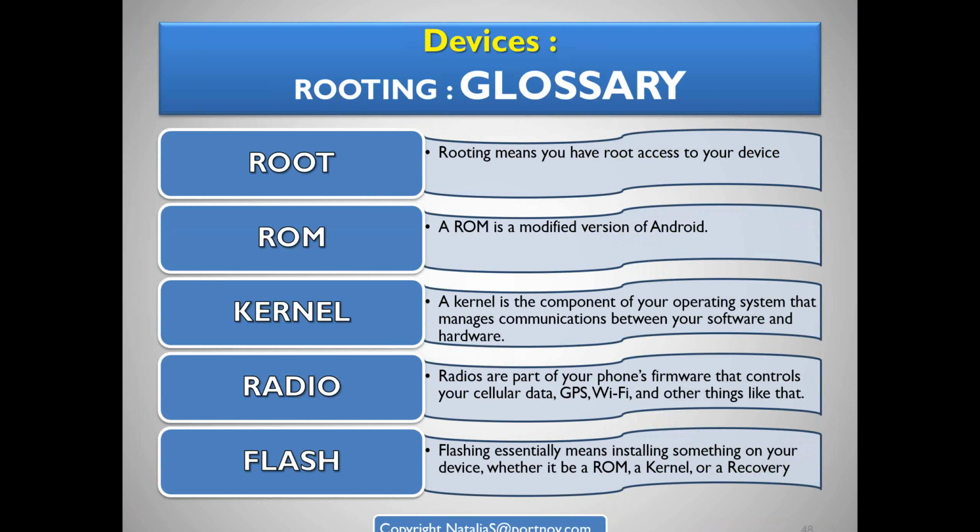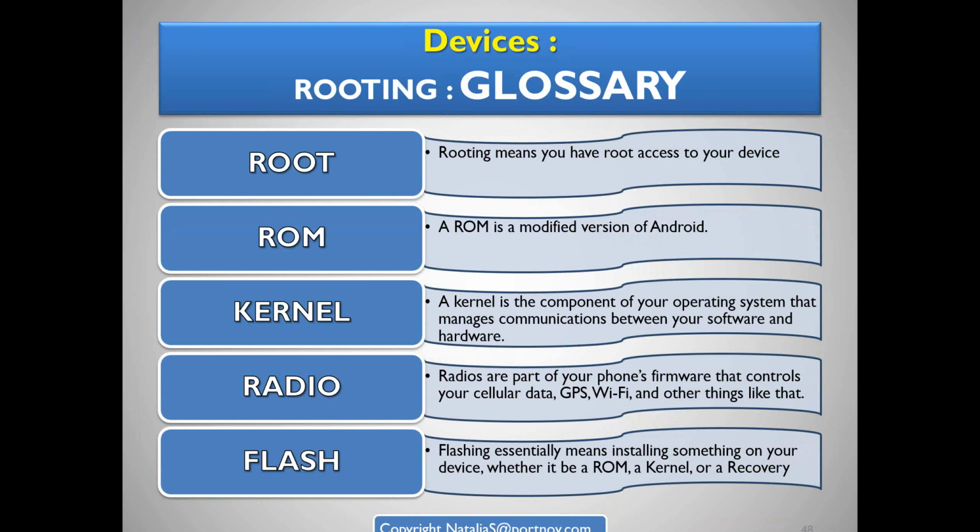There are a few terms that we use here in the industry, and if you're going to be working in the mobile application testing industry, these are the terms you're going to be hearing a lot, and you have to know what they mean. So let's just start.